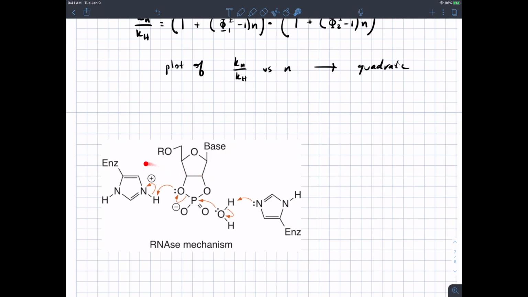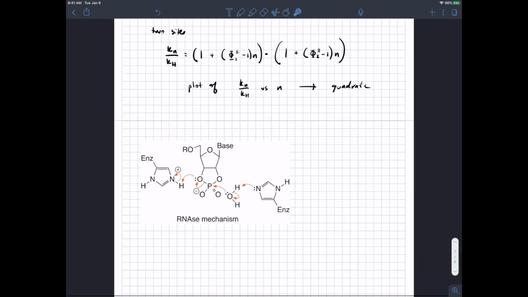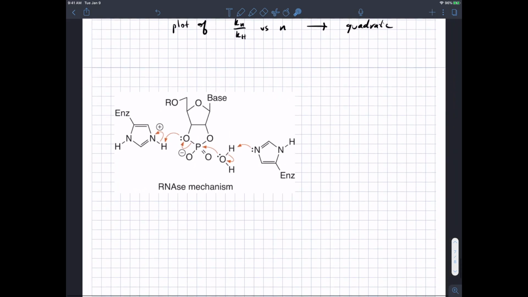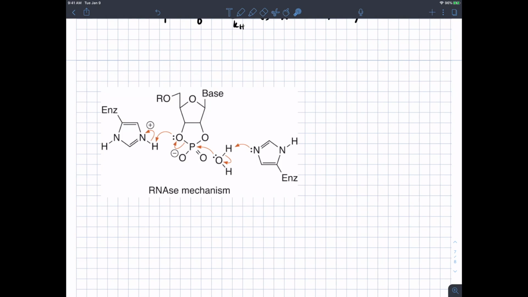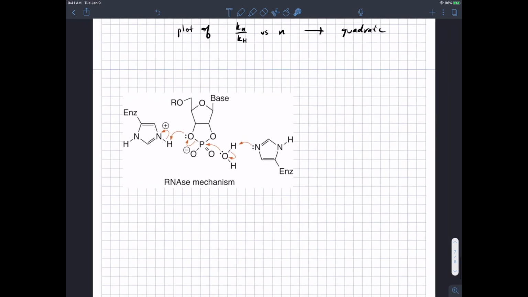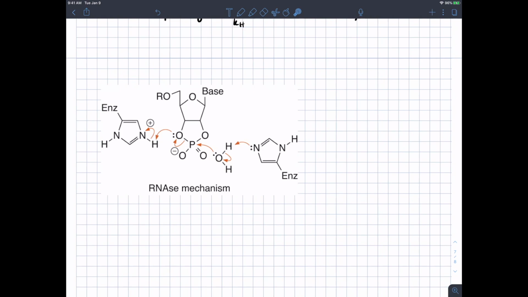And the proposal is that all of that is happening in the same rate determining step. An alternative proposal would be that first the deprotonation happens and you get an intermediate, then the attack happens and you get another intermediate, and then the protonation of that leaving group happens. But it's interesting to know whether it happens in separate steps or all at once.